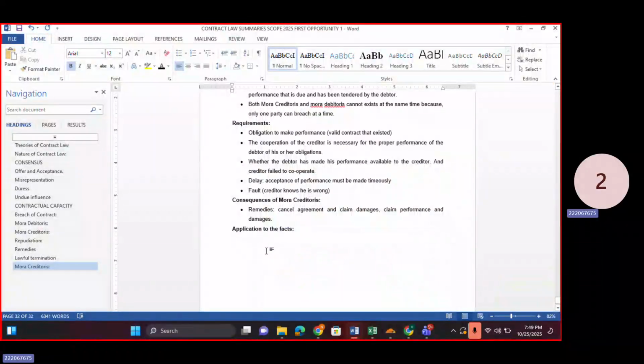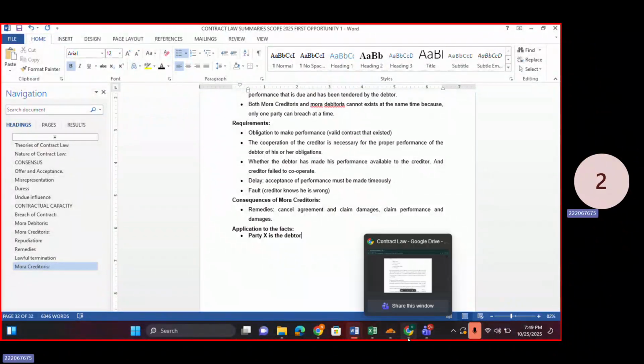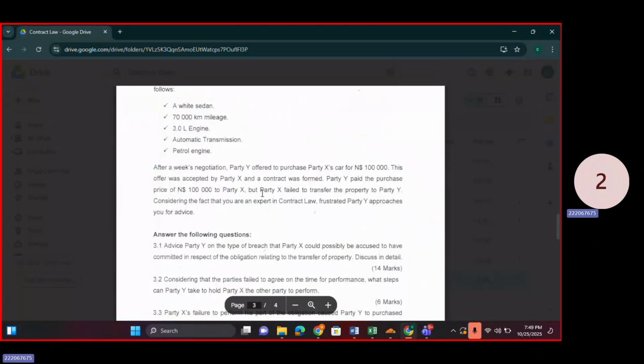So here, you start by asking who is the debtor and who is the creditor here. Party X failed to transfer the property to Party Y. So Party X is the one who's supposed to transfer.